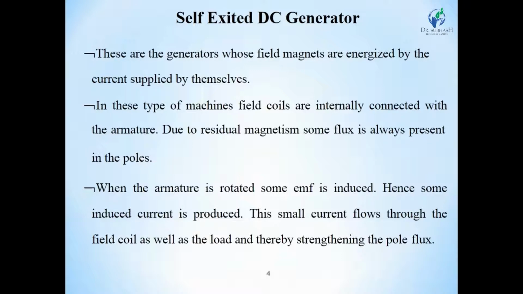Due to the residual magnetism, some flux is always present in a pole. When the armature is rotated, some EMF is induced, hence some induced current is produced. This small current flows through the field coil as well as the load, thereby strengthening the pole flux.